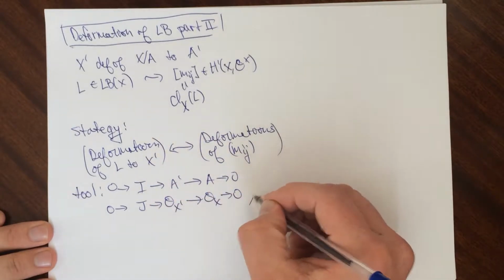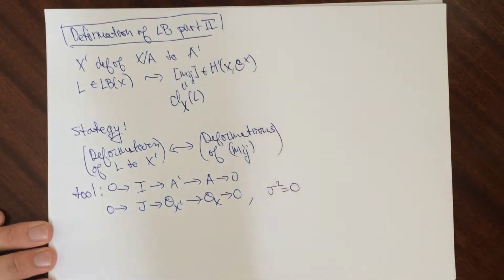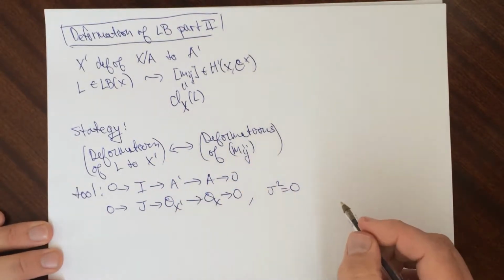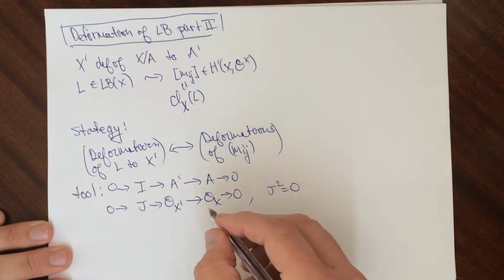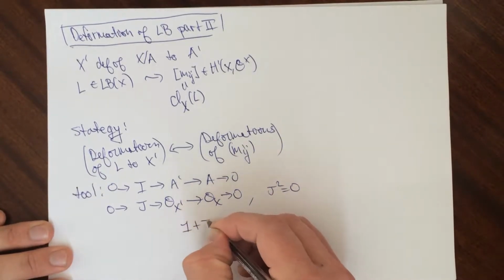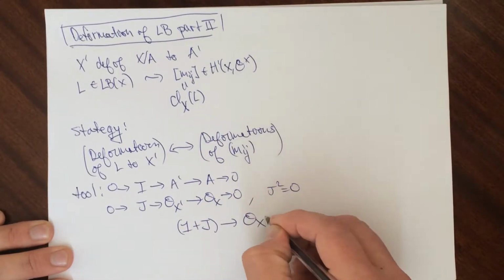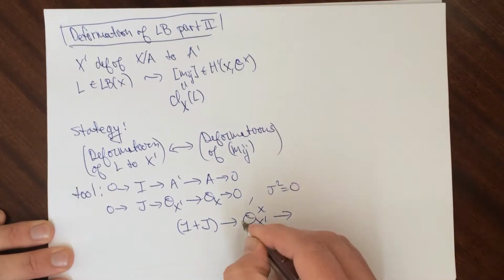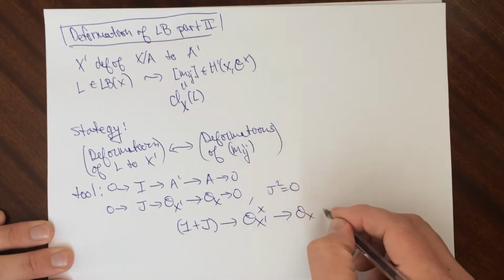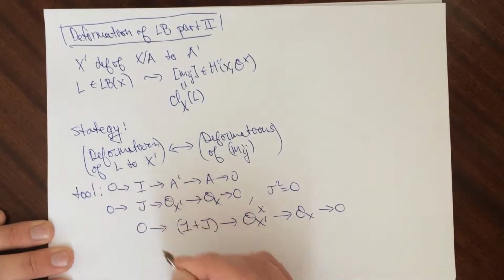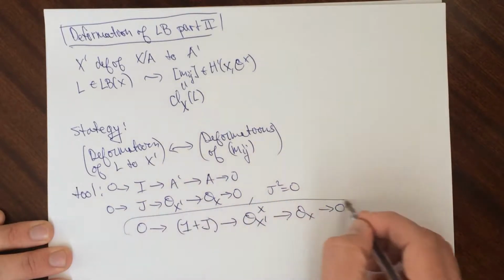So this has J squared equal to 0, and the important sequence is the following: 1 plus J. So we have this thing that sits inside the units of O of X prime. Okay, so there's this important sequence here.